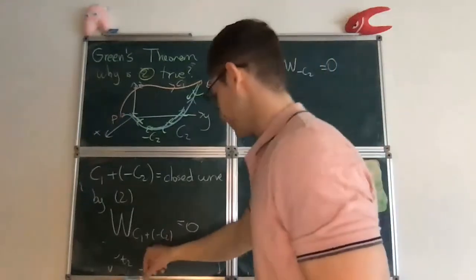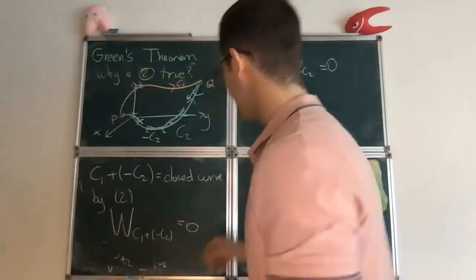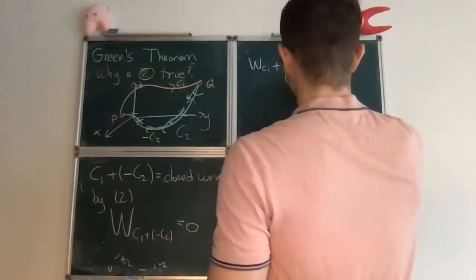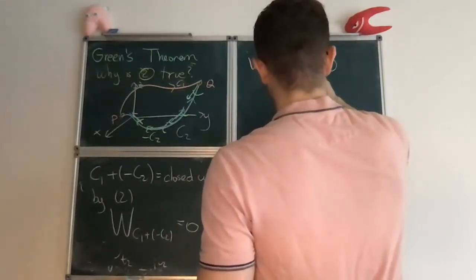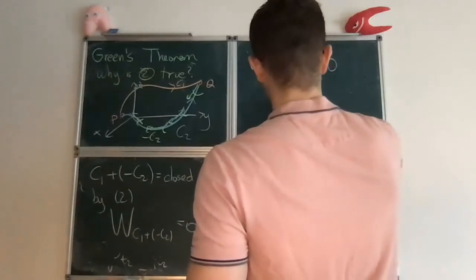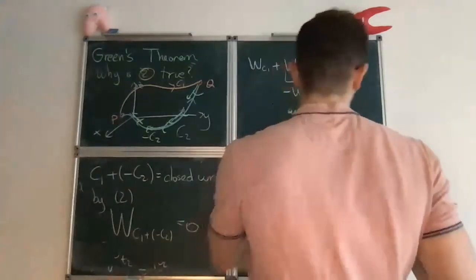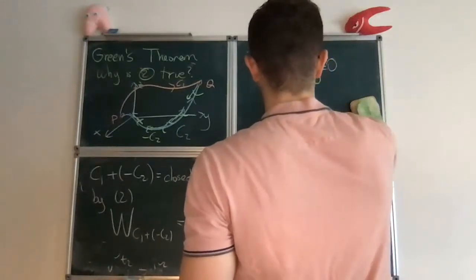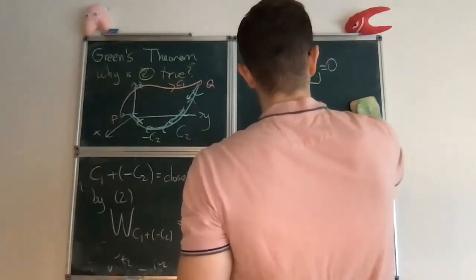And so since you're switching velocities, the work along this curve is really minus the work along the curve C2, because you flip the sign of the velocity.